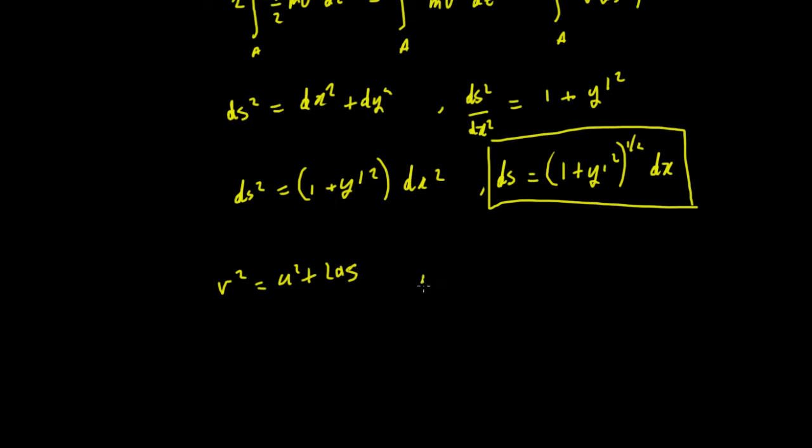Okay, so you notice that time is nowhere in that equation. So we can then say that v squared is going to equal u squared plus 2, and of course acceleration is acceleration due to gravity, and the displacement, well, the displacement is just given by your function y of x.